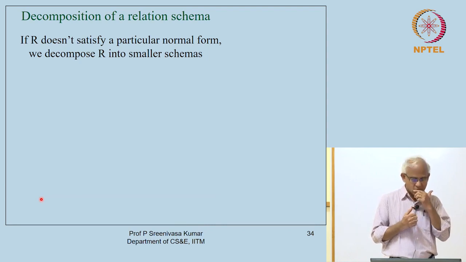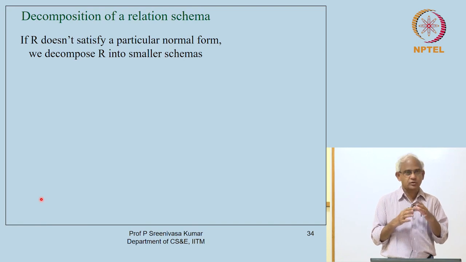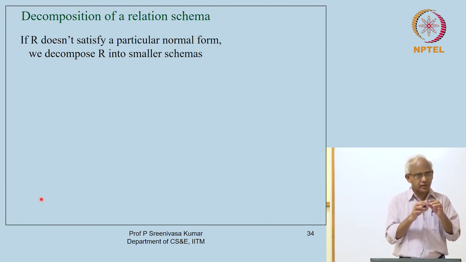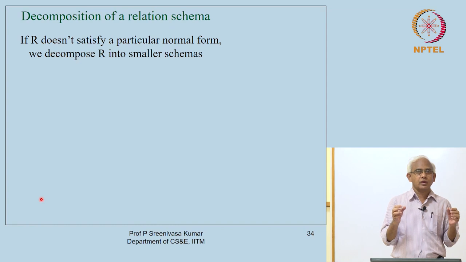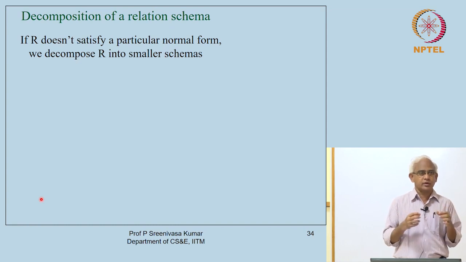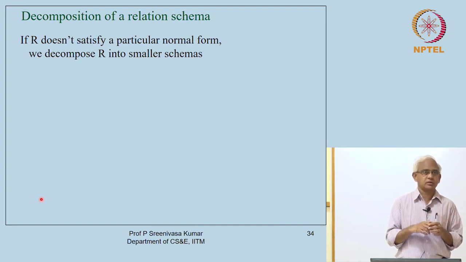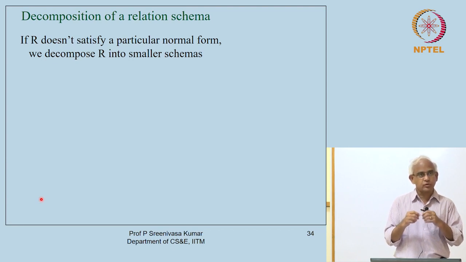Now, this process of taking a relation and then decomposing it is something that we have done several times in the last lecture, each time when we find that a relation does not satisfy a certain normal form. So let us try to make that a little bit more formal and then actually study certain properties of these decompositions.